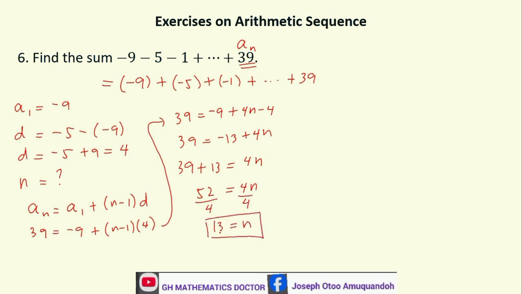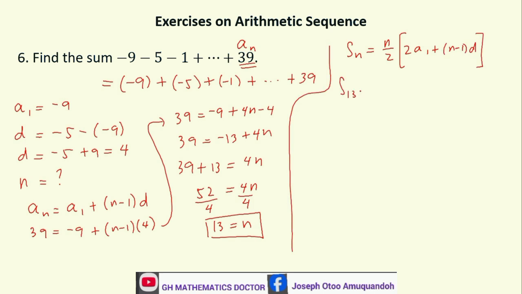We substitute the 13 into our sum of the arithmetic sequence formula. That is giving us n over 2, 2a plus n minus 1 times d. So we have all the information here to substitute. So let's put them into the formula and work them out. Make sure you substitute your a, your d, and your n according to how the formula looks.